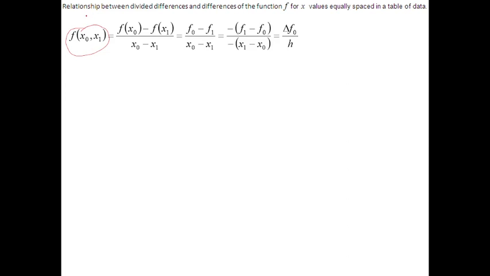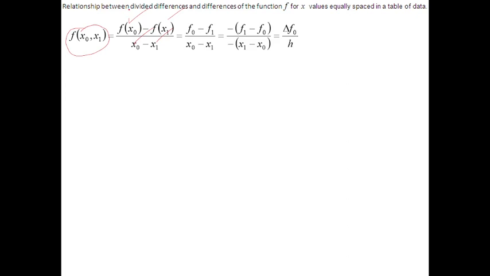Now we will express divided differences in terms of differences of a function. Divided differences of a function can be expressed in terms of differences of a function. So in here, f of x0, x1, that is f of x0 minus f of x1 all over x0 minus x1. This is my discussion a while ago.